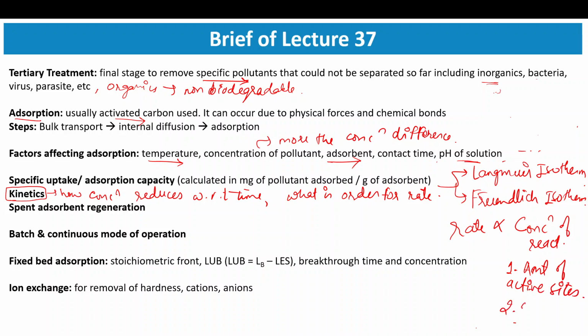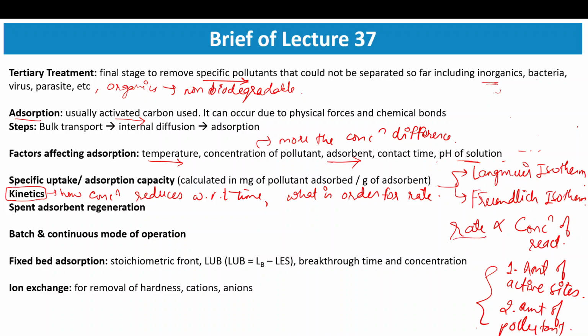And second is the amount of pollutant. Okay, so these two are the reactants because the active sites attract the pollutant, and the pollutant is getting attracted. So these two are the reactants which are binding through physical or chemical force.